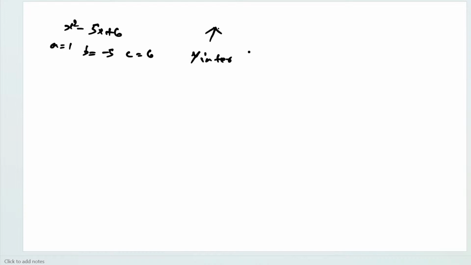Sir, 5 by 2. No, no. What did I ask? I asked the y-intercept, not the lowest point. 6, sir. So it is touching at 6. What is the lowest point? 5 by 2, no? Yes, sir. 5 by 2.